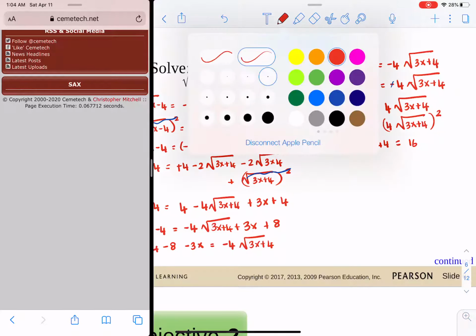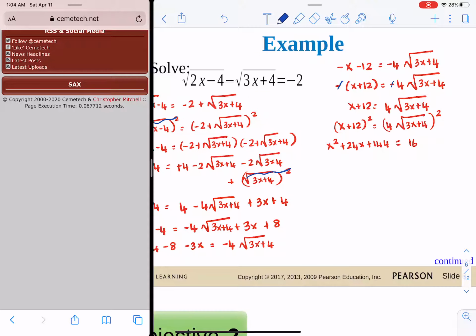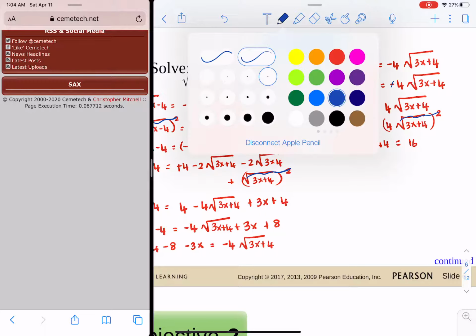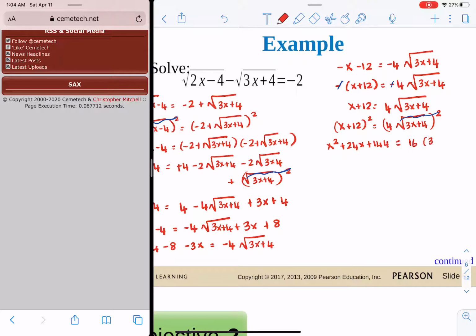The first term squared. When I square the root and the power, they get cancelled, and I simply end up having 3x plus 4. So x squared plus 24x plus 144 would equal 48x plus 64, sorry.